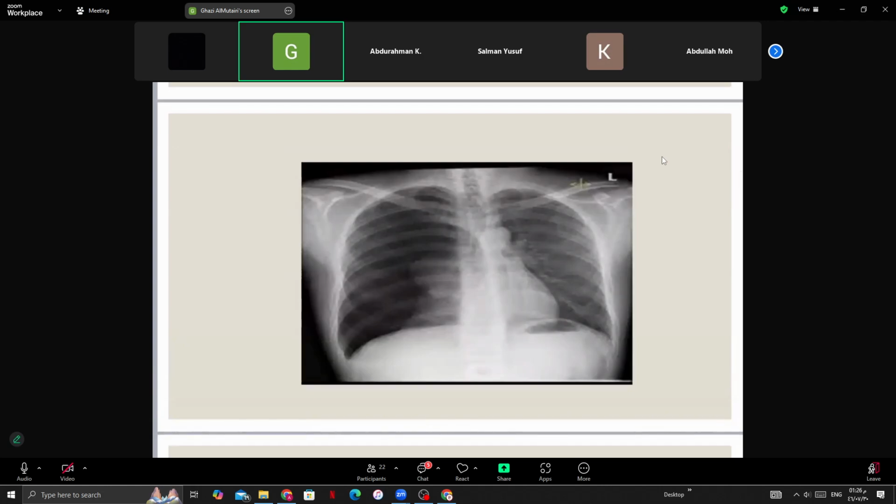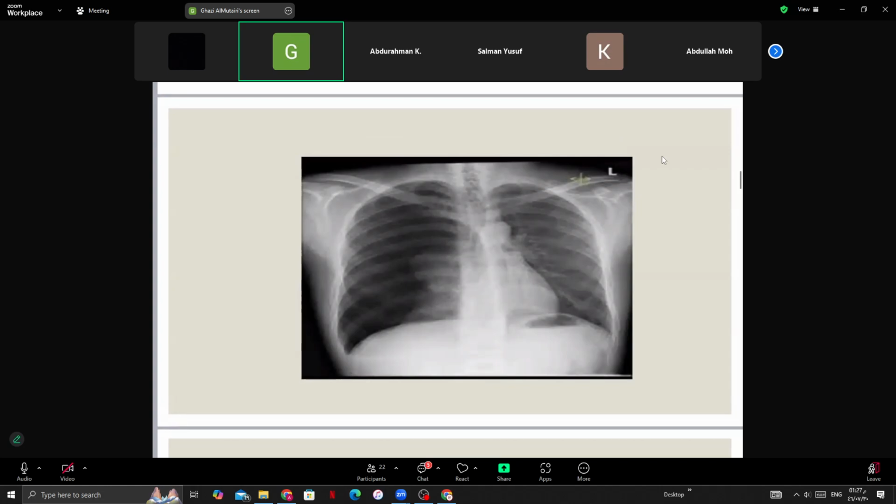Is it a normal X-ray? Pneumothorax. Where? Right lung. Okay, you should mention there is a right pneumothorax, or right large pneumothorax, with ipsilateral lung collapse and deviation of the mediastinum and trachea to the opposite side.